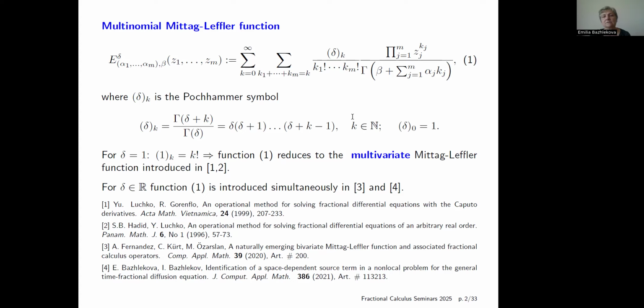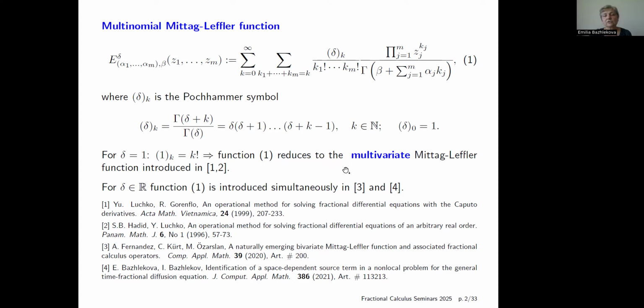When delta is 1, this function was introduced in a series of papers of Luchko more than 25 years ago in the context of multi-term equations, equations that contain multiple fractional derivatives.